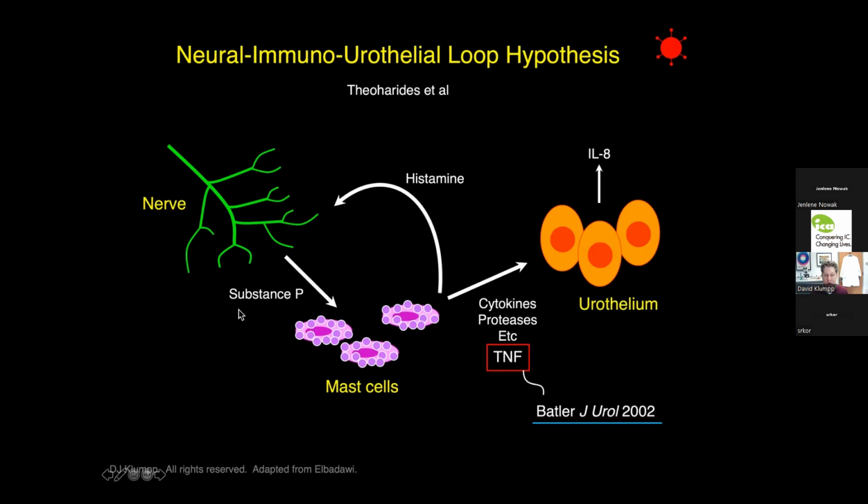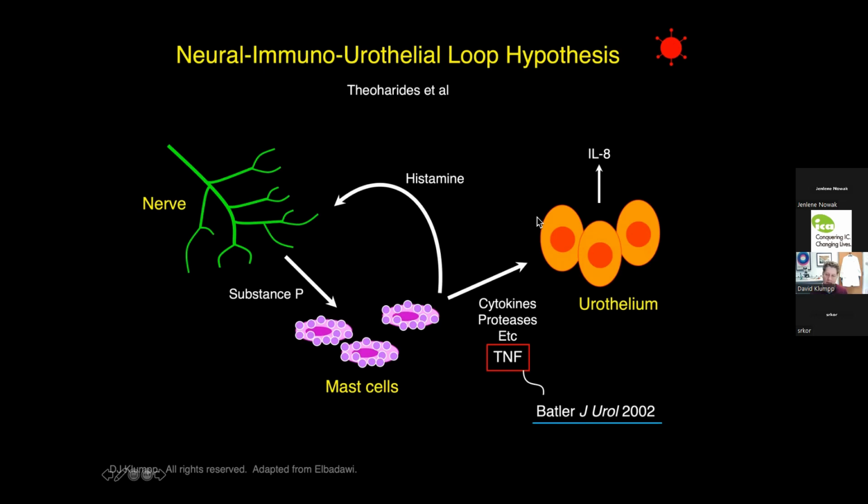All right, this neurotransmitter substance P can activate mast cells, and mast cells, when they're activated, release a wide variety of factors, one of which is histamine, which was thought to be able to feed back onto nerve cells. But they also release a variety of pro-inflammatory mediators upon activation that can cause inflammation in the bladder.